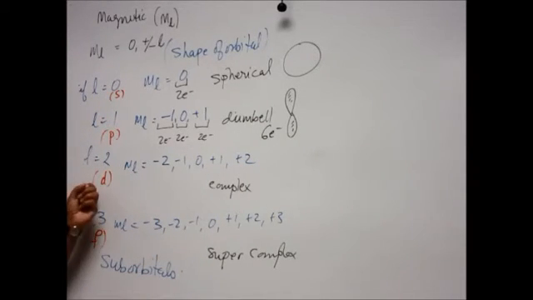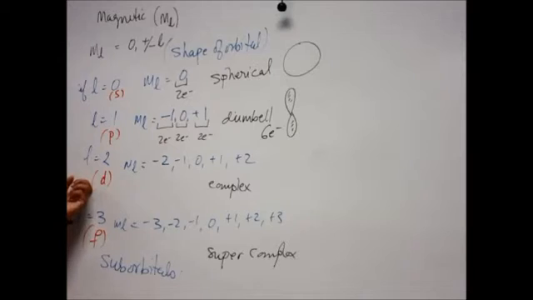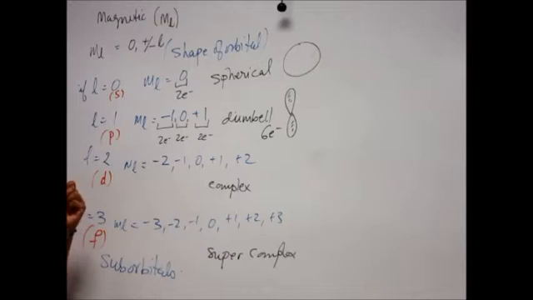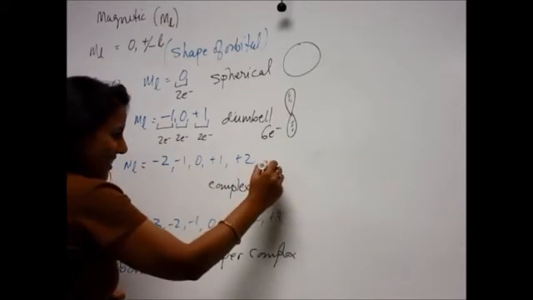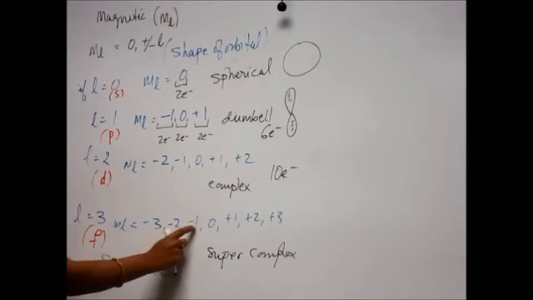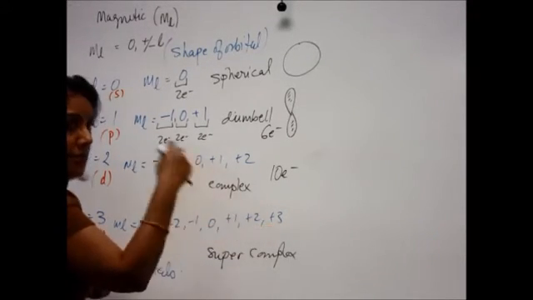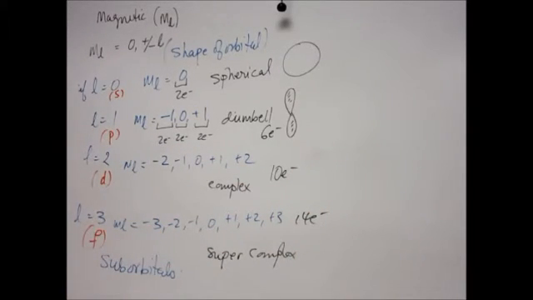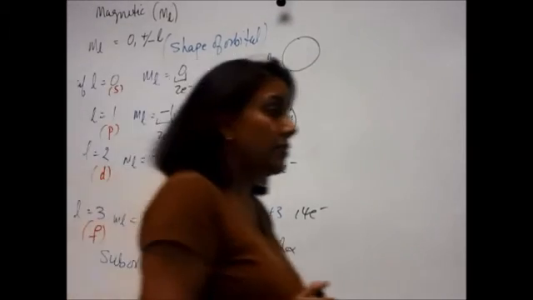The total number of electrons for D is simple math. And for F, it's 1, 2, 3, 4, 5, 6, 7 times 2, 14 electrons. So S can handle 2 electrons, P can handle a total of 6 electrons, D can handle 10, and then F can handle 14 electrons. Okay, all right. Let's go on over here now.